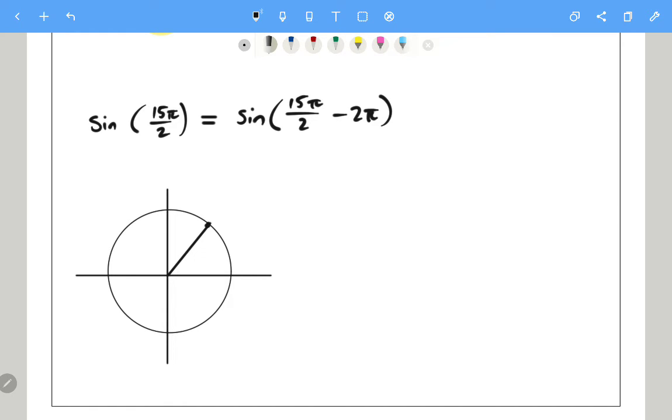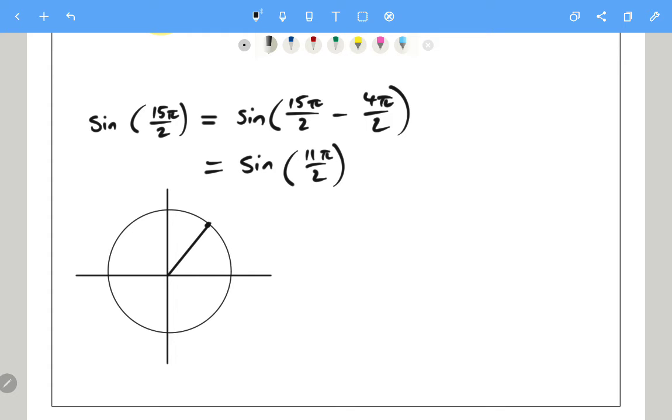But subtracting 2 pi is quite difficult because this is in halves and this is in wholes. So instead, let's write this as 4 pi on 2. Now this is a much easier calculation to do. So 15 pi minus 4 pi, well that's just 11 pi on 2.